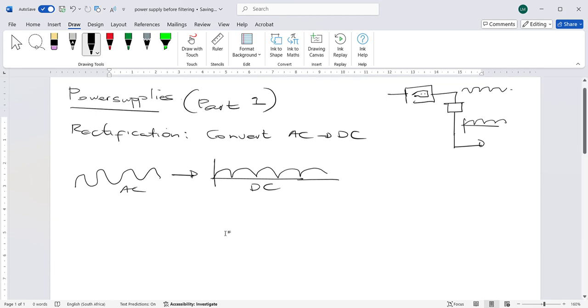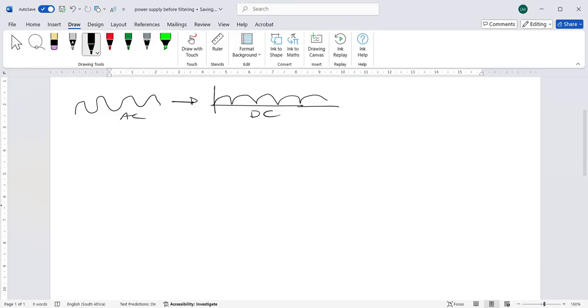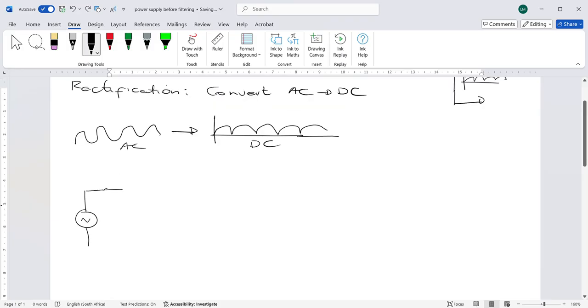Now, a typical circuit. We've got half wave and full wave. For half wave, basically, this is Eskom power, that circle. Then you've got a transformer on the left.